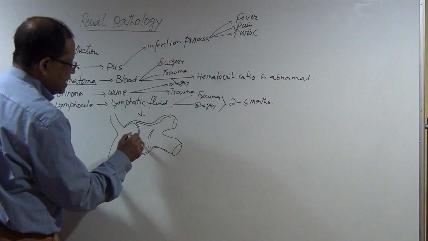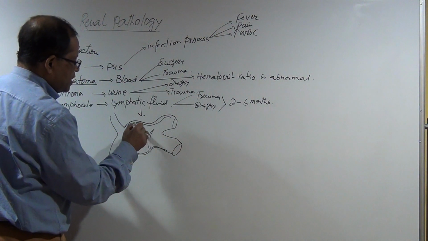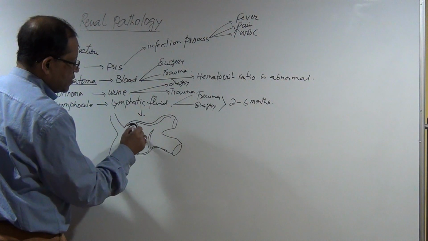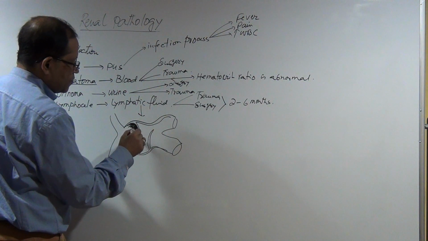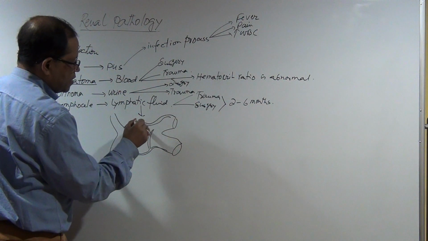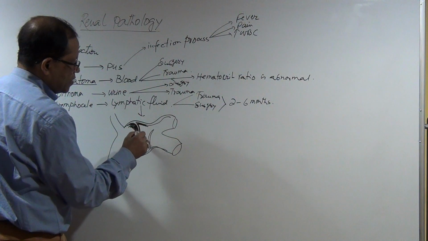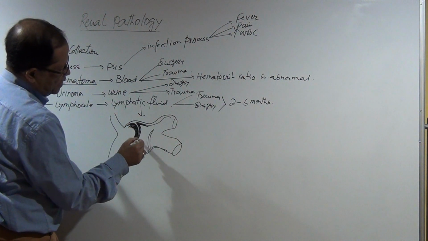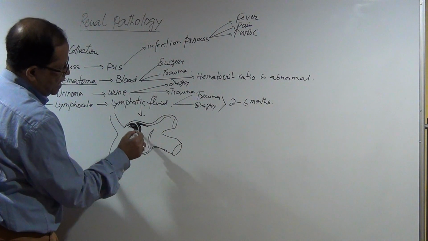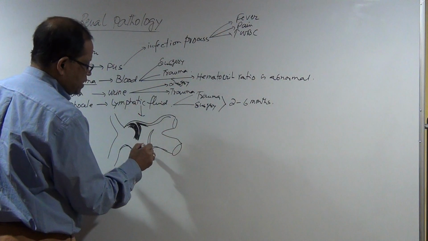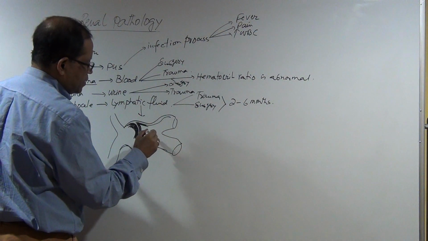So you will see an anechoic area and an echogenic layer. The echogenic layer is called a septation. Let me draw here.